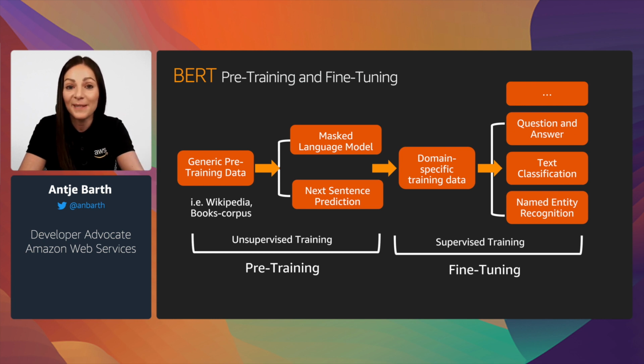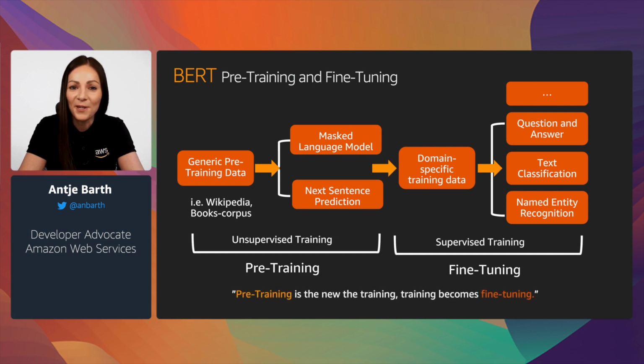And if this sounds familiar to you, if you maybe have been working in computer vision and you've seen transfer learning, you're right. This is a similar concept of transfer learning in NLP. And this really changed the paradigm a little bit. So the pre-training really becomes the new training, and training becomes the fine-tuning.